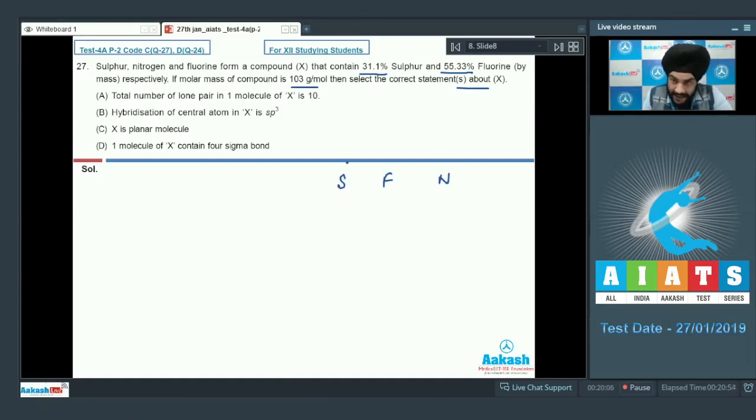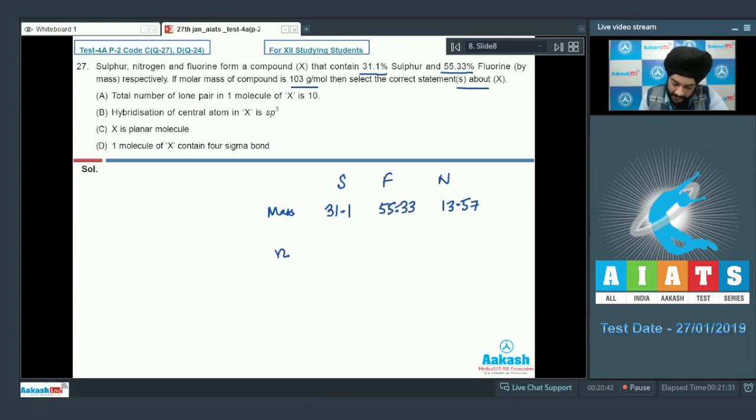If we look at the percentage composition by mass, the amount of sulfur given to us is 31.1. The amount of fluorine given to us is 55.33. So for the percentage composition of nitrogen, we just have to add both of them and subtract that number from 100, which will give us a value of 13.57 for nitrogen.